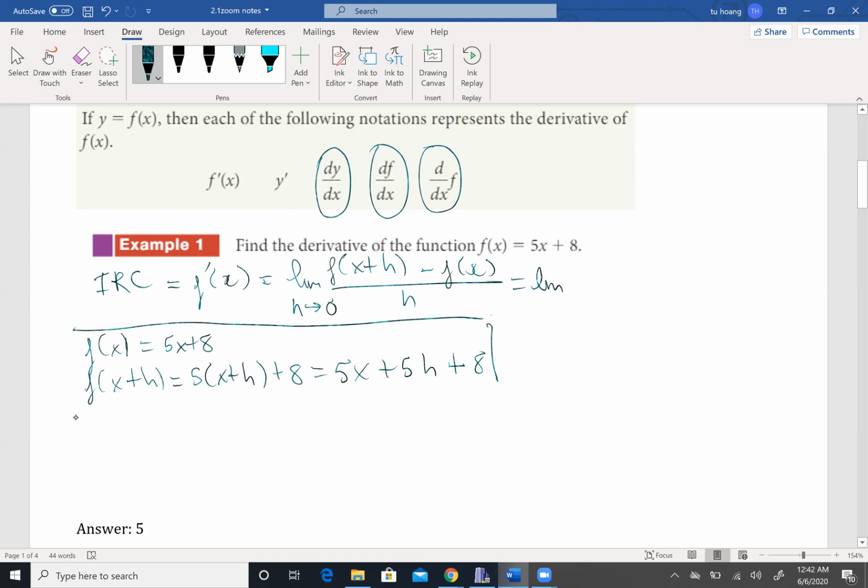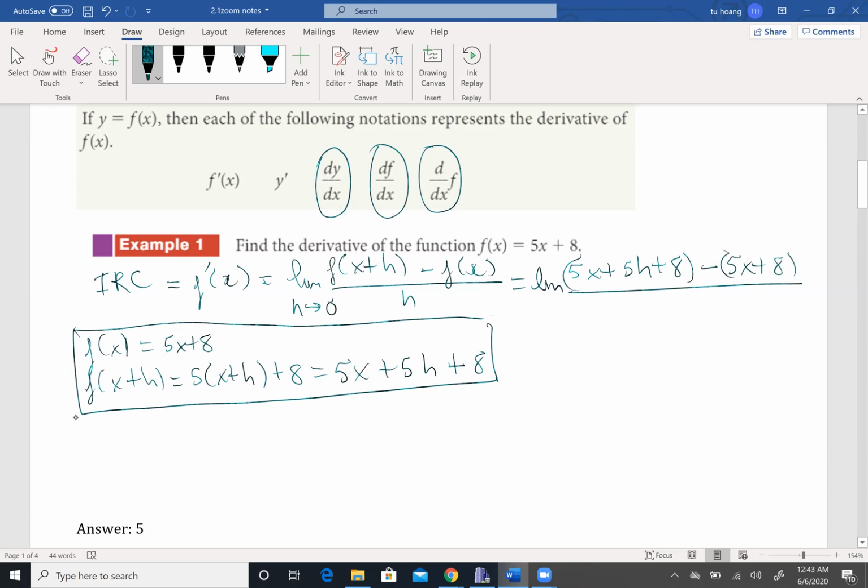Limit of 5x plus 5h plus 8, minus 5x plus 8. Don't forget the parentheses, right?